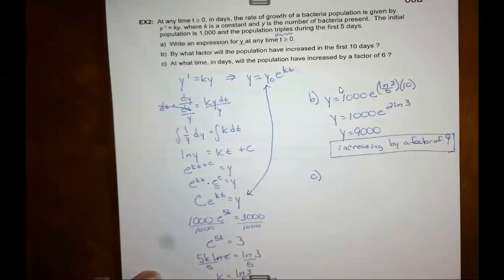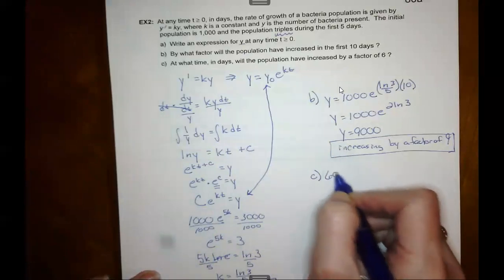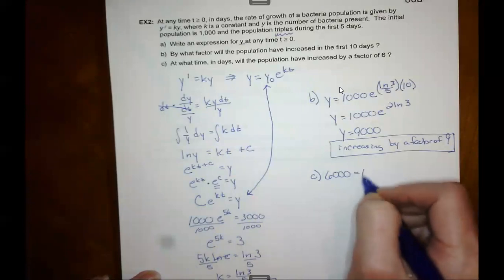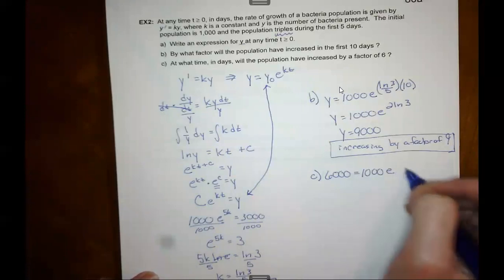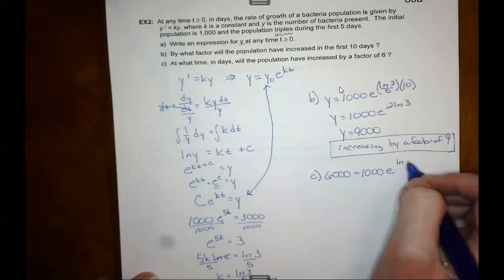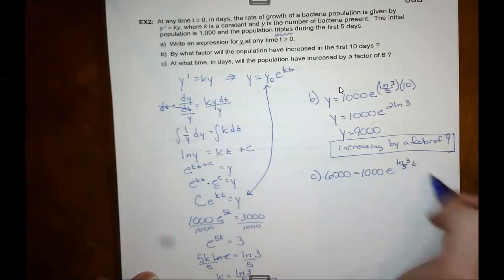It says, at what time in days will the population have increased by a factor of 6? Well, if it increases by a factor of 6, then our outcome amount is 6,000, and that's going to be our y value. So 6,000 equals 1,000 e to the ln of 3 over 5 times t power.